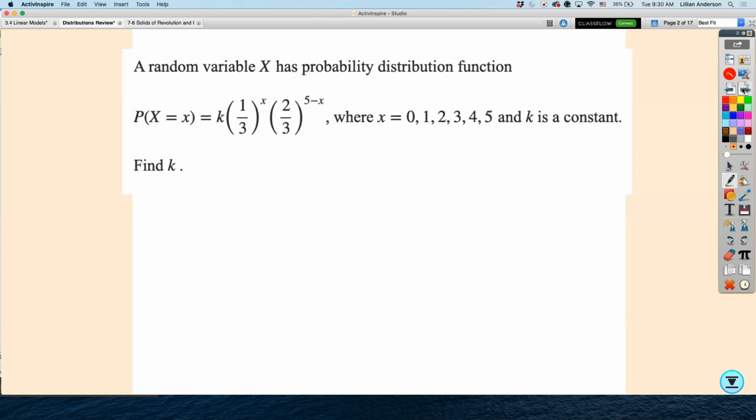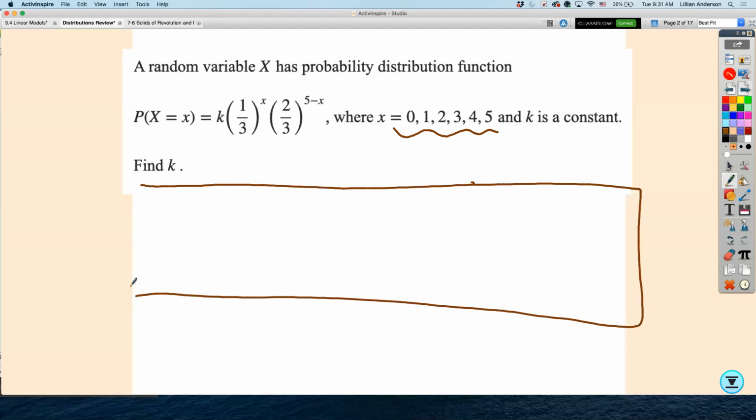Now, recall from the lesson that we did on probability distribution, anytime you're given a probability mass function that you have to work with, essentially what you do is you take your X values and plug them into the function. When you plug them in, you're getting the respective probabilities for each of those X values.